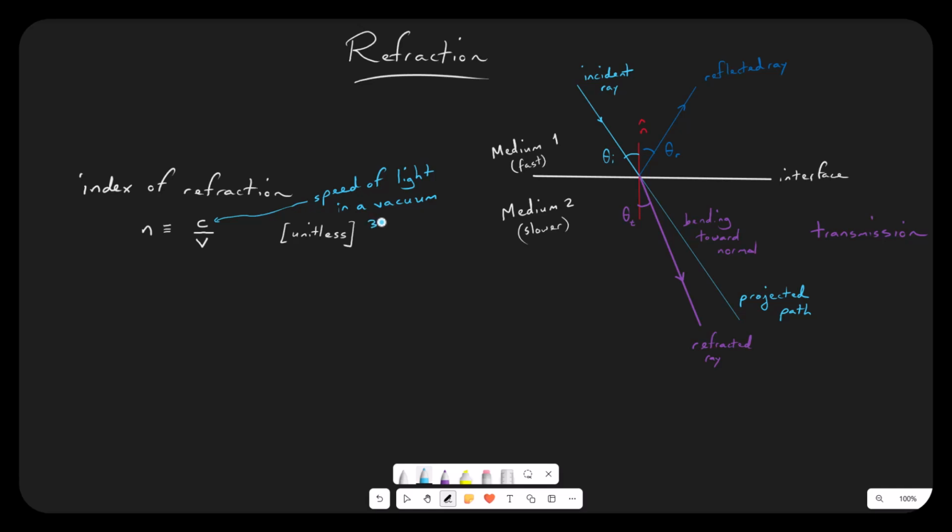And that is 3 times 10 to the 8th meters per second. v, this is the speed of light in the given medium.